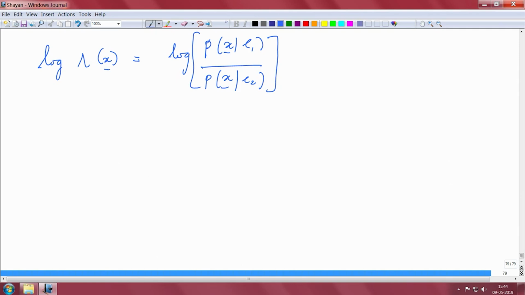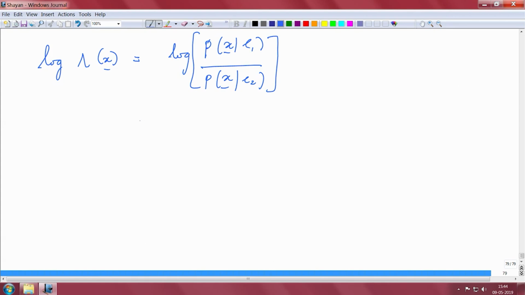So, the 1 upon 2 pi power m by 2 determinant of the covariance matrix, square root of that quantity, right, that is constant and that kind of vanishes out, and we will take the log, the exponential, you can get rid of it.